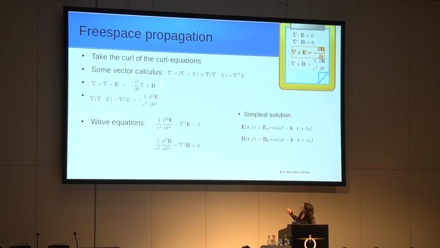And this part here pretty much looks like this part here, so we can change this. Actually, the beamer is stealing some lines, I think. So this is also a divergence here. And then we put this to the other side, and we end up in what are called the wave equations. These are still two partial differential equations.